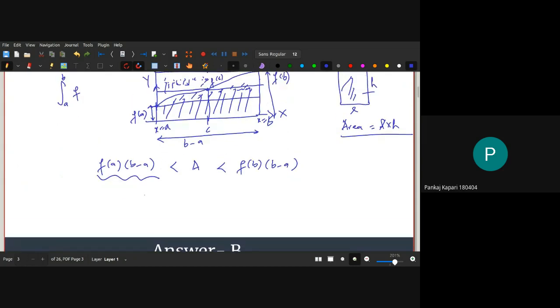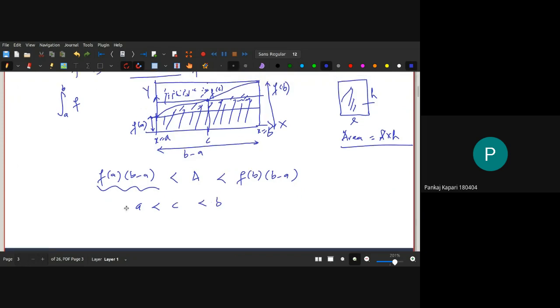So now we have chosen a point between a and b, and our approximate area is the sum of these two rectangles. We have these two intervals: one is a to c, and the other is c to b.